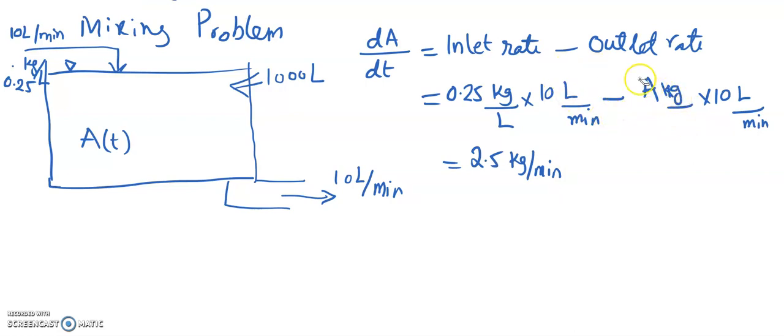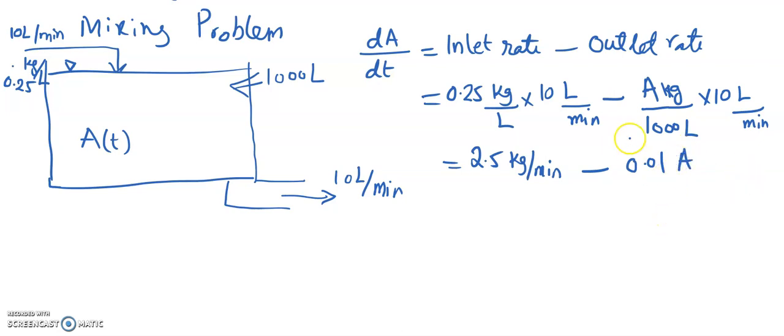A is in kilograms, so this total A is included in the whole tank. So in terms of kilograms per liter, it should be A divided by the whole volume, that is 1000 liters. Now liter cancels with liter, so it will be A divided by 1000 times 10, so it will be 0.01 A.